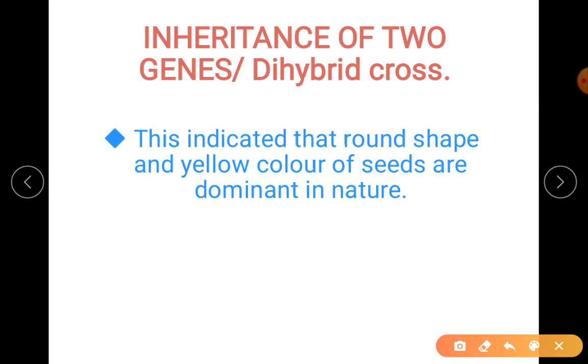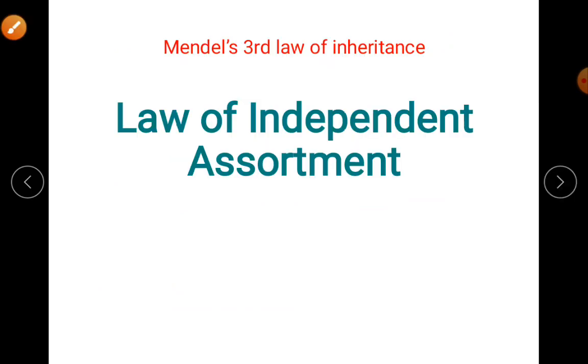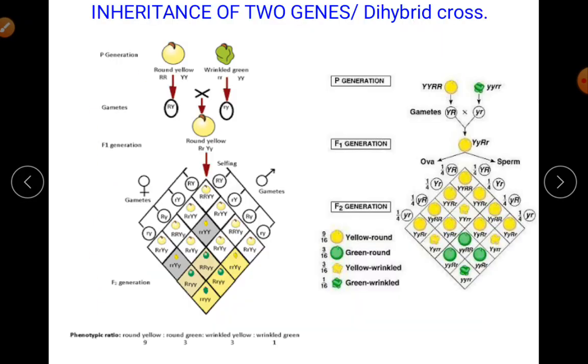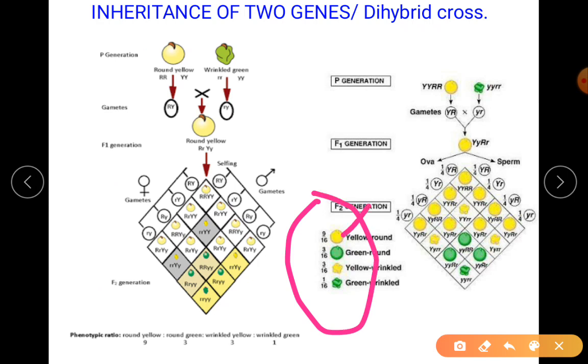So finally what does it indicate? Who is dominant? Round and yellow. Because in your F1, though it was a hybrid, you have got 16 varieties. Out of 16 you are getting 9, 3, 3 and 1. So please remember that.